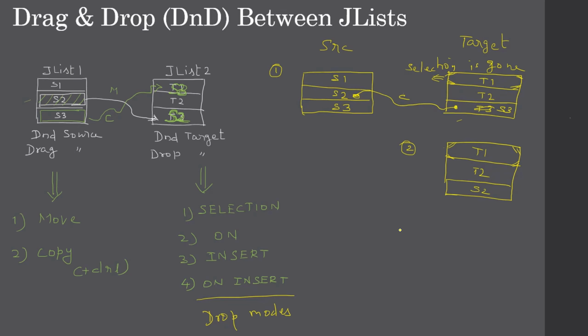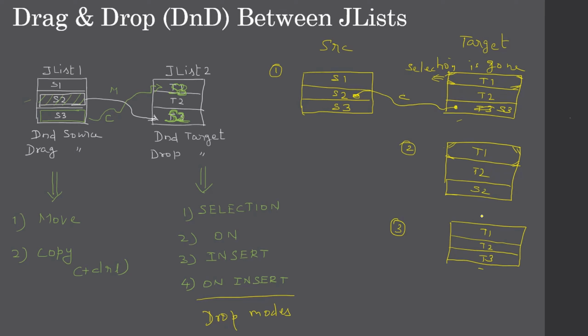In case of insert mode, what happens? You can insert an item between, let's say the current items are the same T1, T2 and T3. You can insert an item between any of these 3. But you can't replace any item, but you can insert any item between T1 and T2 or T2 and T3 or before T1 or after T3.